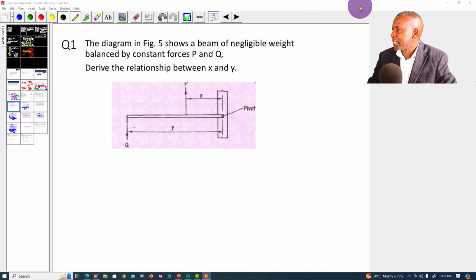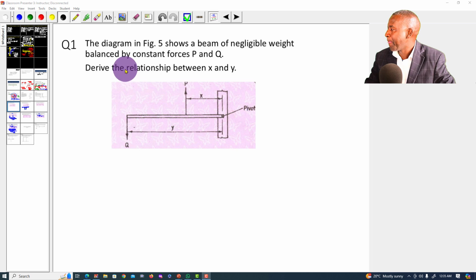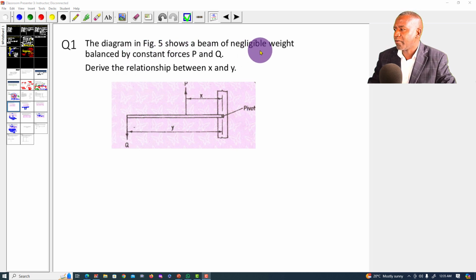Like for instance, this particular question here, where we are told that the diagram in figure 5 shows a beam of negligible weight. So you're going to neglect its weight. What that means is that the weight of the beam is so small compared to the forces which are acting on it that it can be neglected.